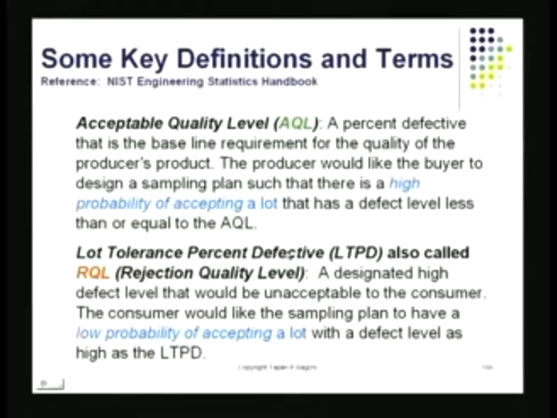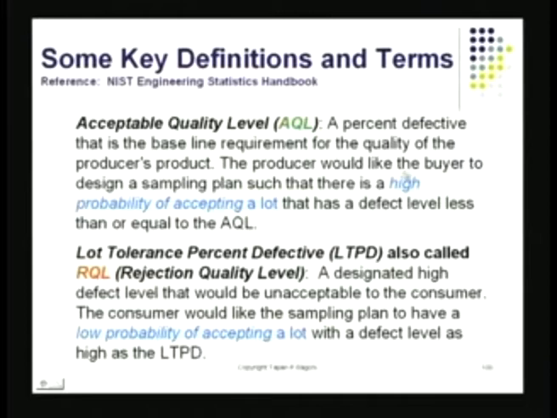I've attached a couple of other sheets which really define this concept of AQL. A percent defective is the baseline requirement for the quality of the producer's product.